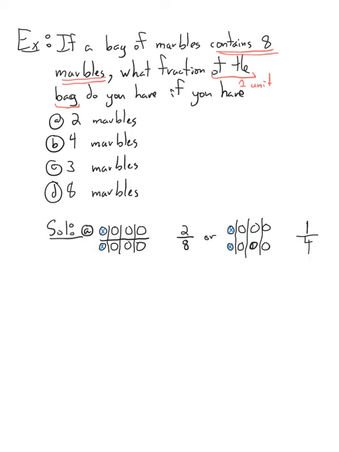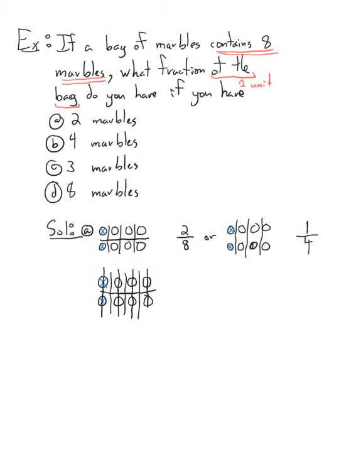And you could think, well, I guess that's it. They're the only ways of writing this. But that's not true either. In fact, what else we could do, if we wanted to, I'm going to draw these a little bit bigger. Well, again, we have these 2 marbles, let's say. If we wanted to, well, we could break up the bag into half marble pieces. Nothing's stopping us from doing that.